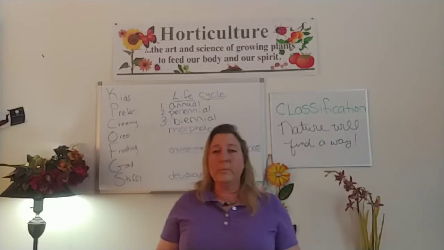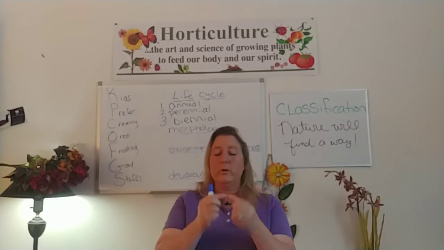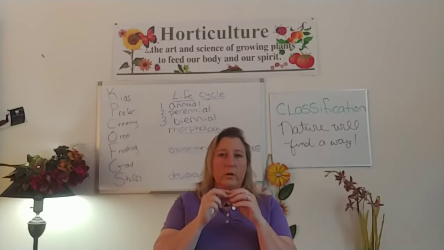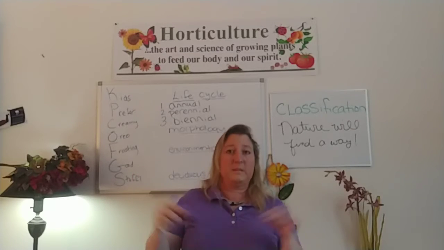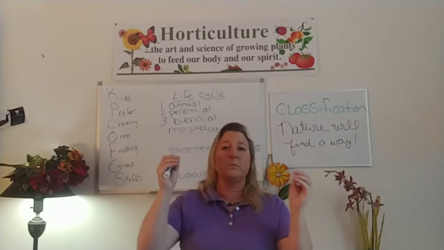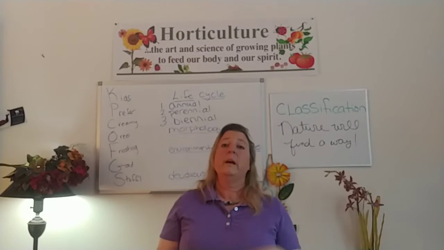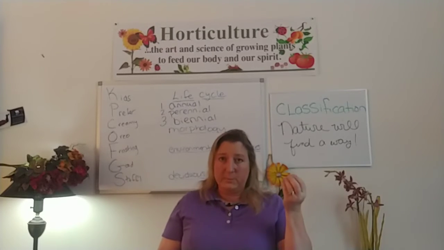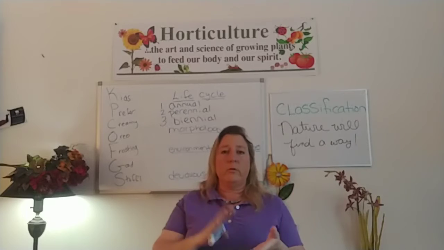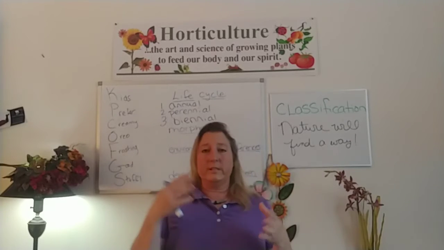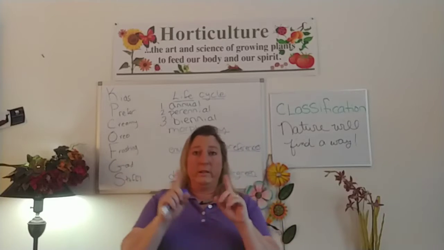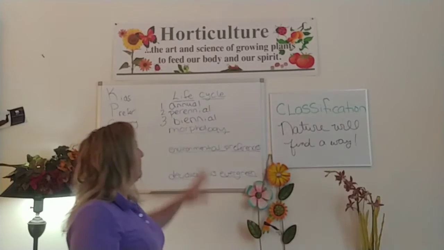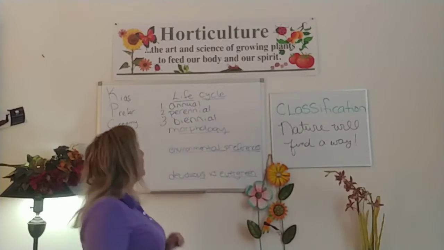Now, when I say they germinate, that means that the seed coat, the little hard outer covering of the seed, actually cracks and the little baby plant escapes. That's germination. The little baby plant is born out of the seed coat. So germination is when the little plant is born. So they germinate, they grow vegetation, they flower, which is the reproductive part of most plants, and then they die all in one growing season. So year after year you have to plant those.